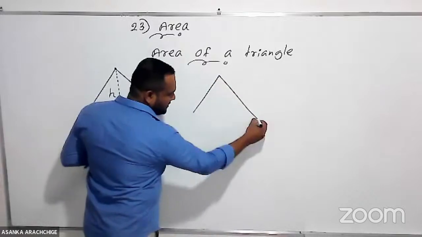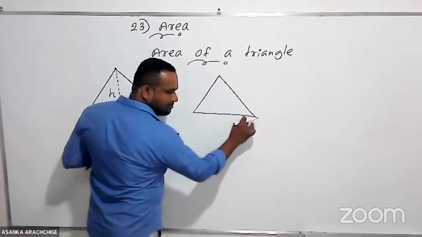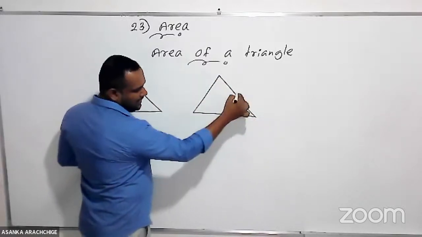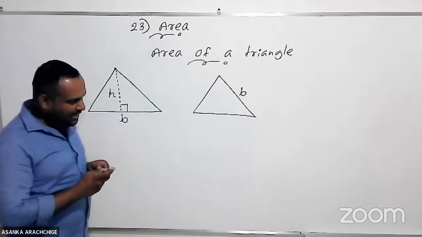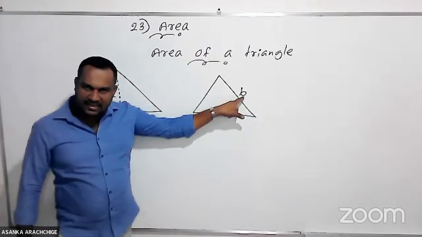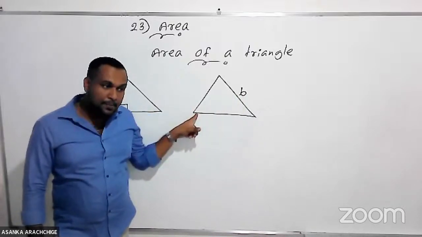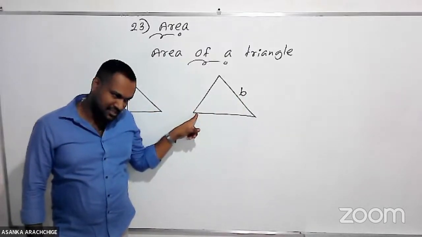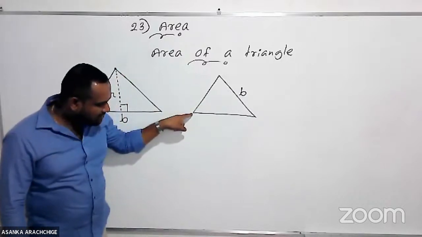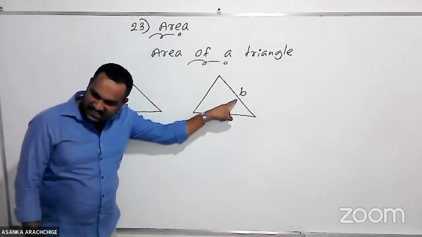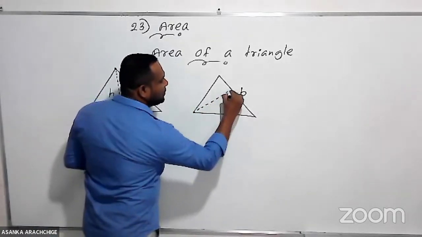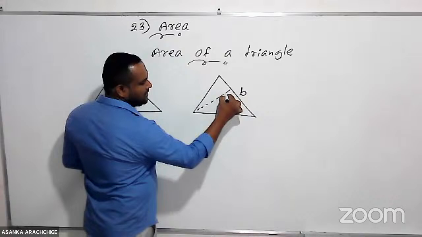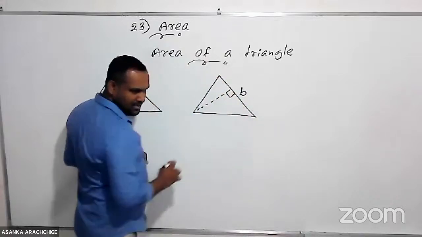Look, I am drawing the same triangle again. If you select this side as the base, now the perpendicular height changes. Now this is the vertex opposite this base. Now you have to draw a perpendicular from that vertex to the level of the base.